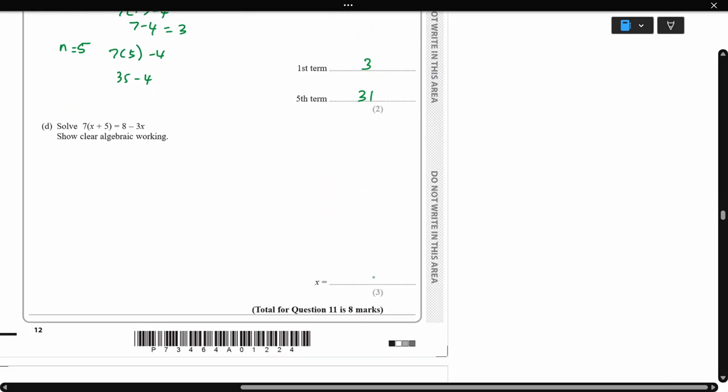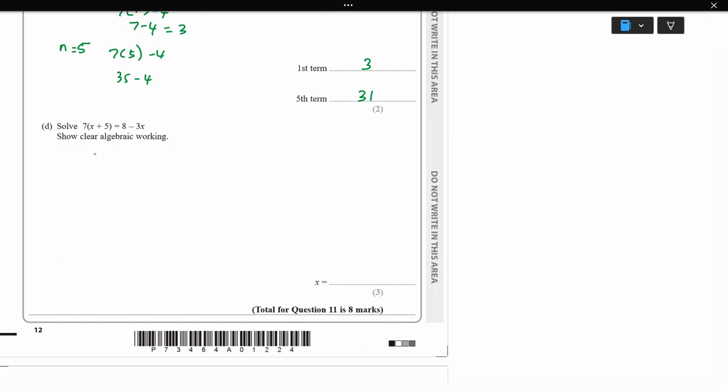Next, solve 7 times x plus 5 equal to 8 minus 3x. So I'll expand left side. So 7 times x is 7x plus 7 times 5 is 35, equal to 8 minus 3x. So I'll add up 3x both the sides. So 7x plus 3x.